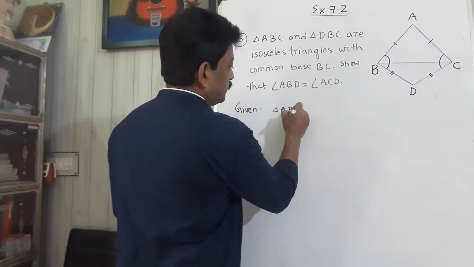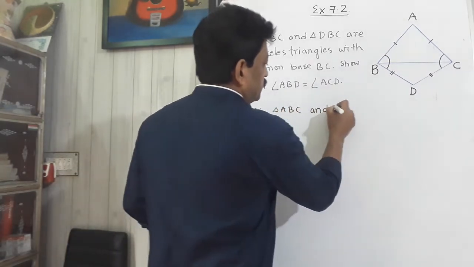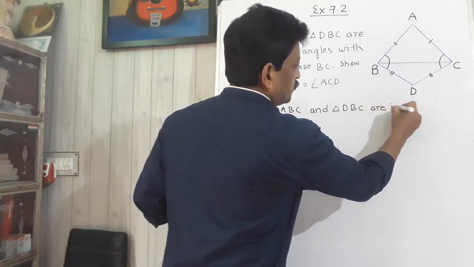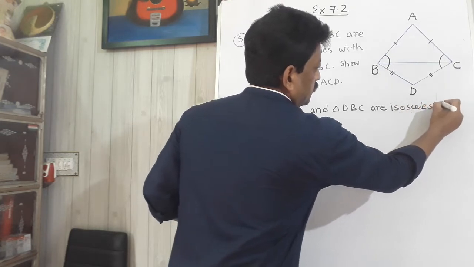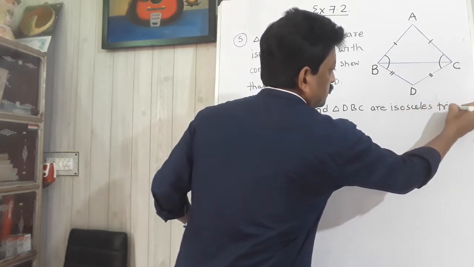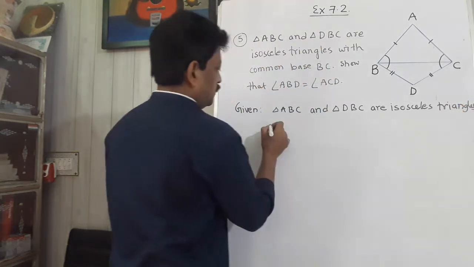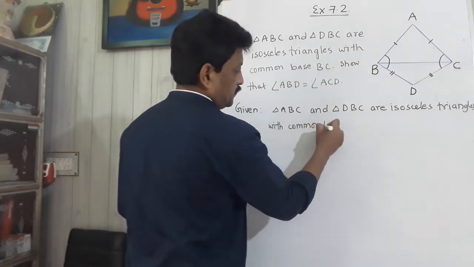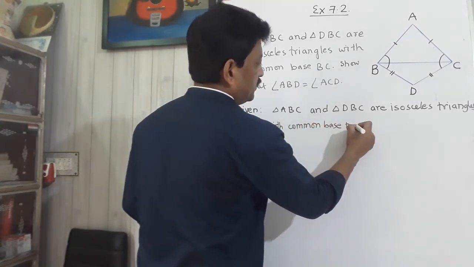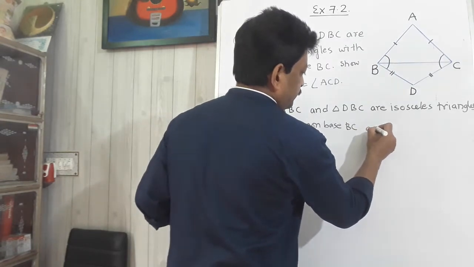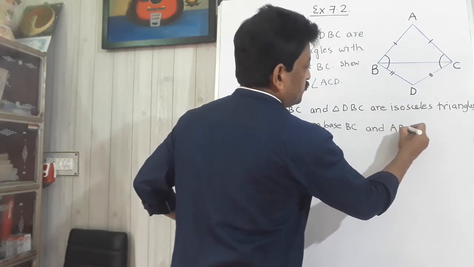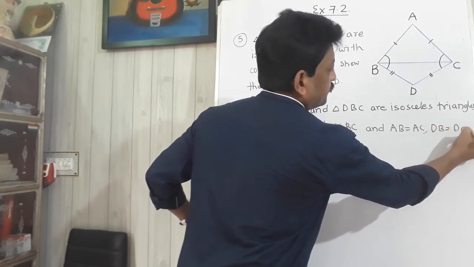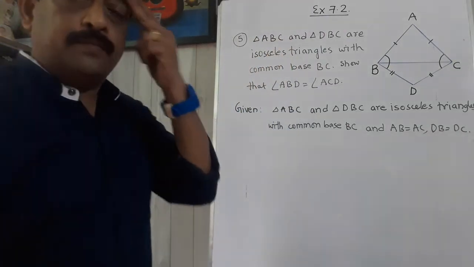Triangle ABC and triangle DBC are isosceles triangles with common base BC, and AB equals AC, DB equals DC. These are the things given in the question.